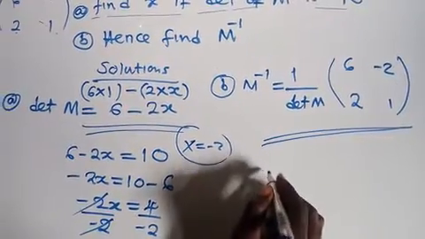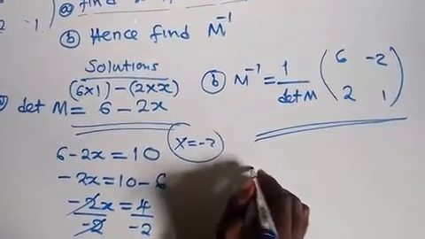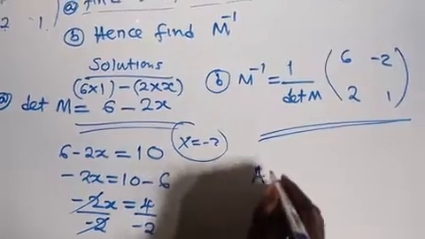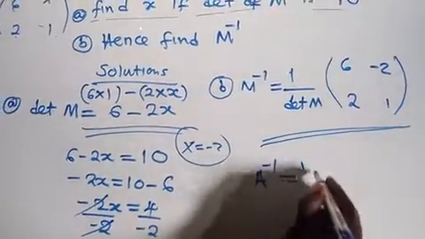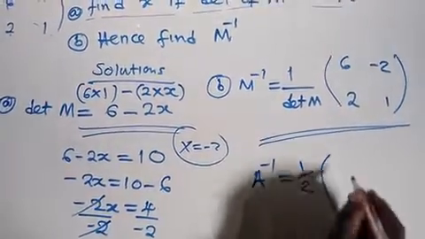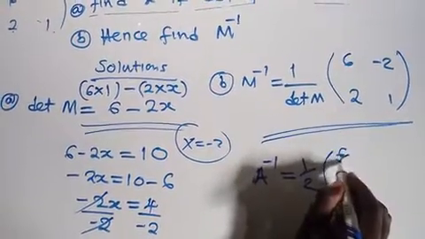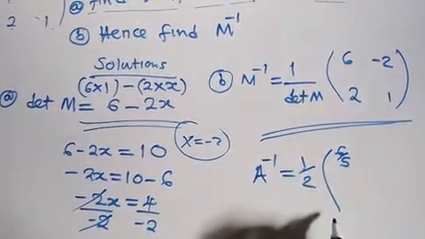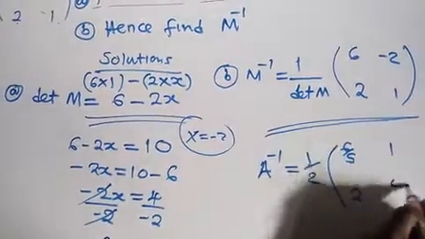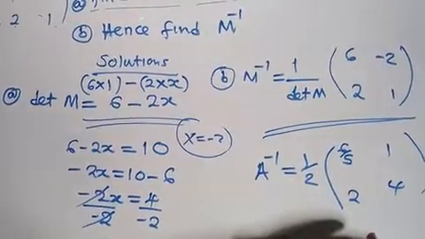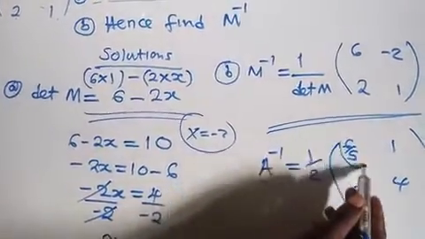Let's say you are given a question, A inverse is equal to 1 over 2, then in the bracket maybe we've got 6, 5, something like this, 2, 1, 4. And you are told to multiply. So how can you multiply this one with a fraction?